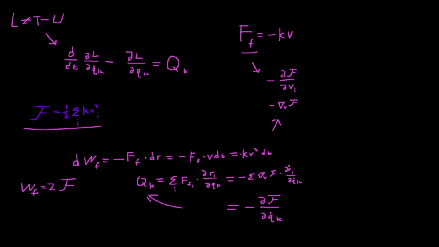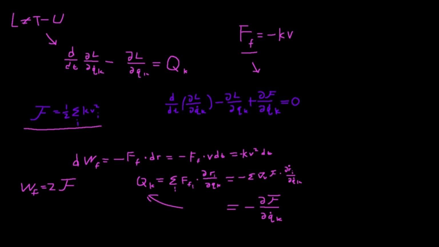So with this, we're going to get the Lagrange equations with dissipation, which are d over dt of partial L over partial q dot k, minus partial L over partial q k, plus the partial derivative of Rayleigh's dissipation function with respect to q dot k, is equal to 0.